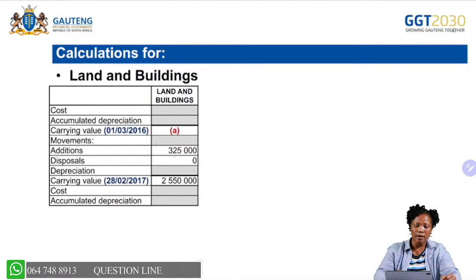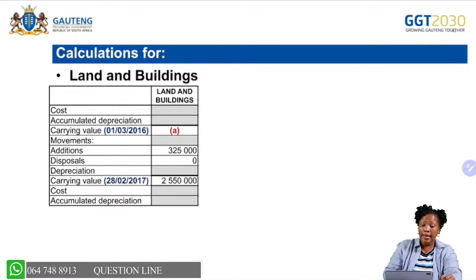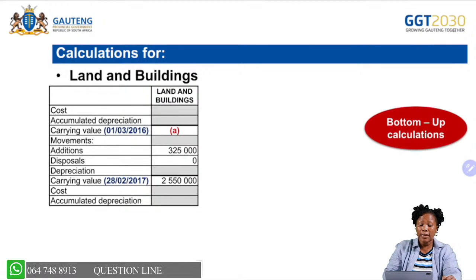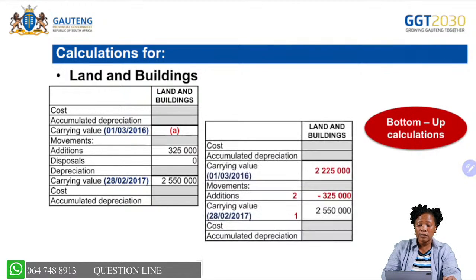2,550,000 minus. Remember, this is a positive figure. This figure is positive. Therefore, because we are going backwards, we are going to subtract. And when you press your calculator, you will see that you will get a different figure, a smaller figure, because we added. Look at the transaction that we have here, the solution that we have.